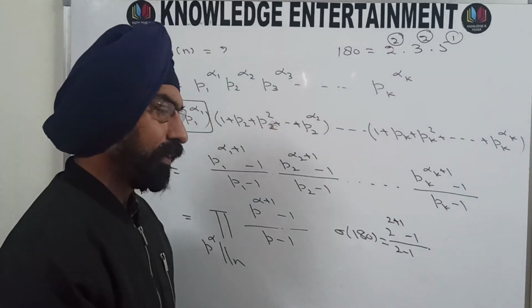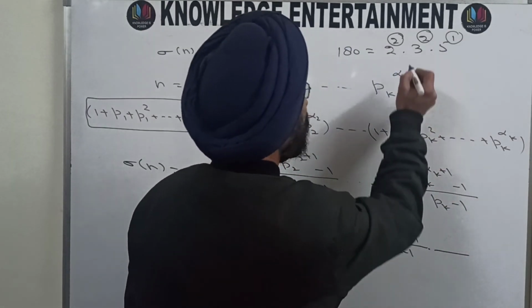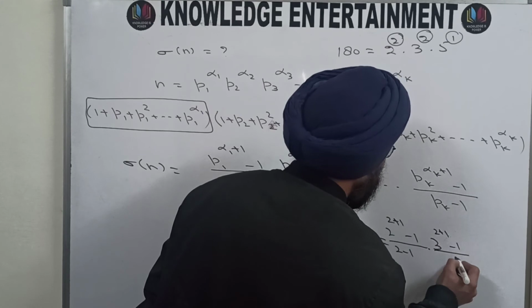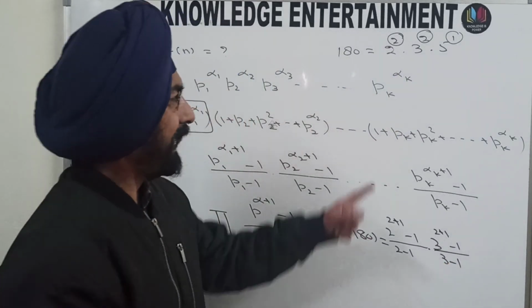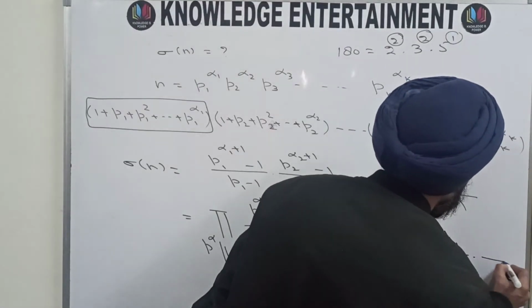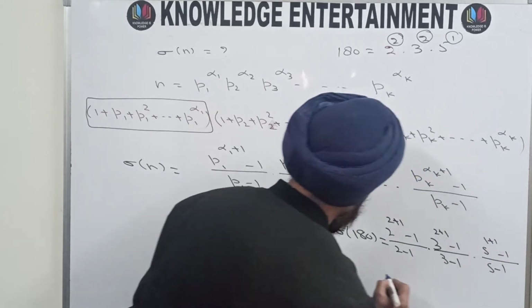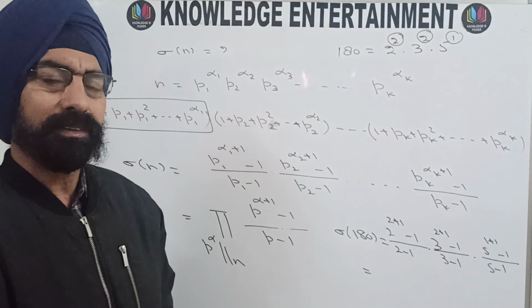What is the second term? You have here 3 squared, so you will get (3^(2+1) minus 1) upon (3 minus 1). And in the last term, you will get (5^(1+1) minus 1) upon (5 minus 1). So let us solve it. What is it?